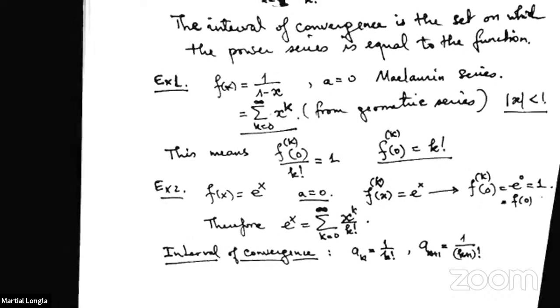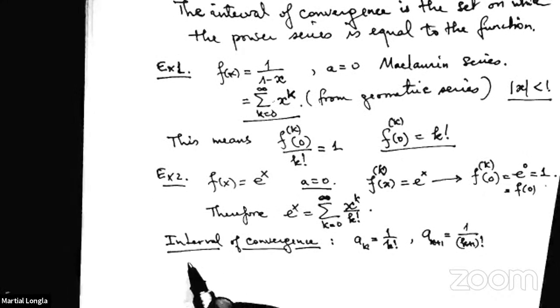And so ak plus 1 over ak is k factorial over k plus 1 factorial.